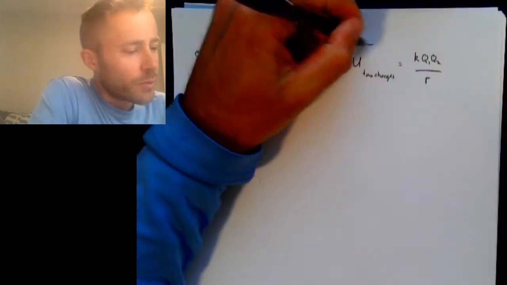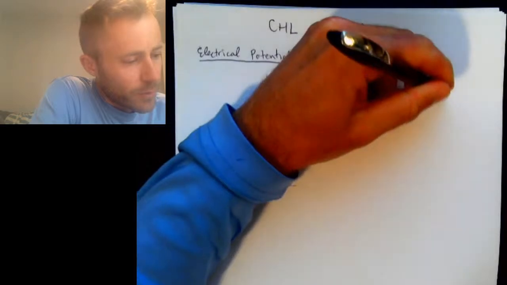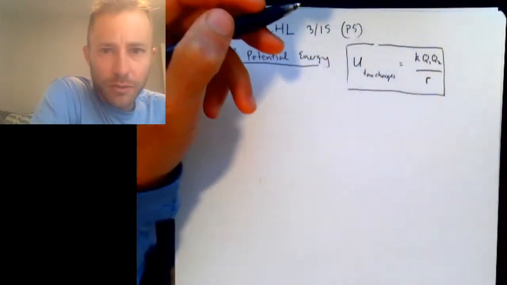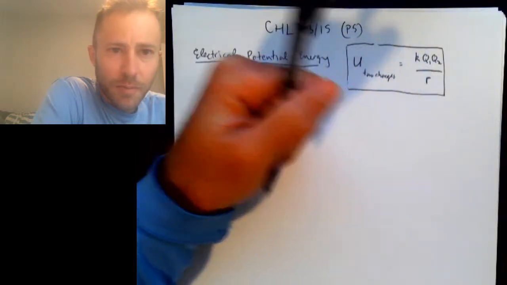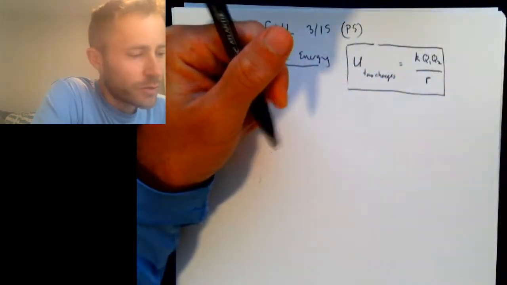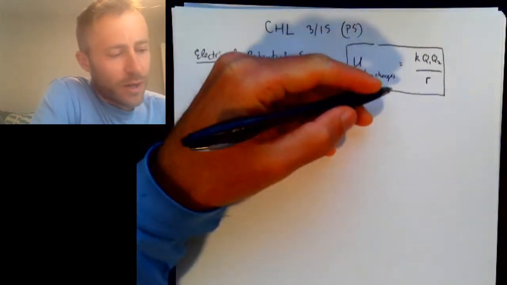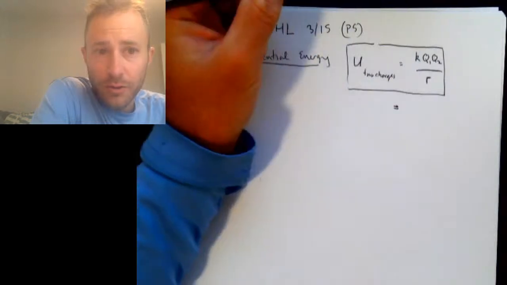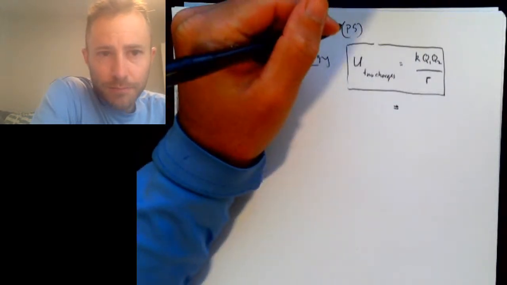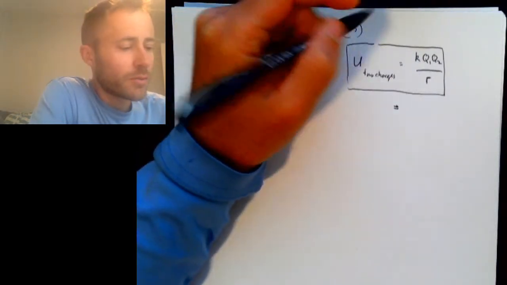So this is one of the main formulas where Q1 is the size of one of the charges, Q2 is the size of the other, and R is the distance between the two charges. Now, what I want to point out is that this actually follows the definition of electric potential.